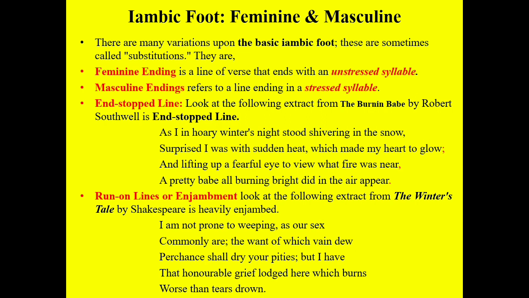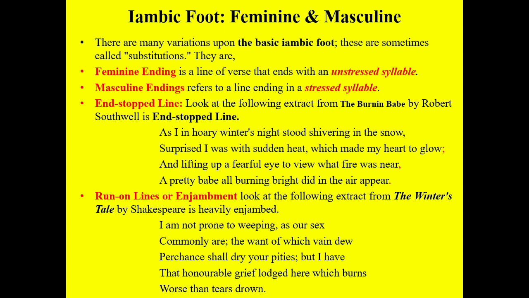But you can find punctuation marks in the middle of the sentences. For example, in the first line after weeping there is a comma. In the second line after commonly are, that's a semicolon, and even after pities in the third line a semicolon, and in the fourth line you do not find any punctuation mark, but it ends with a full stop at the last.